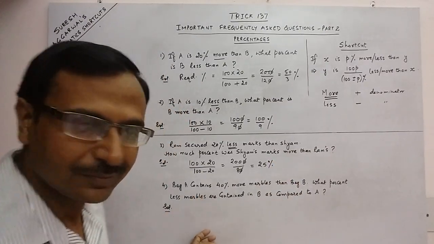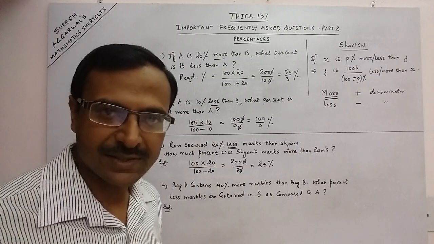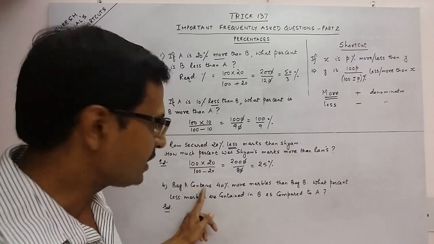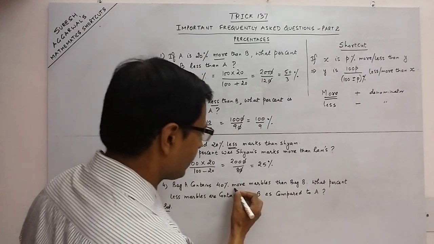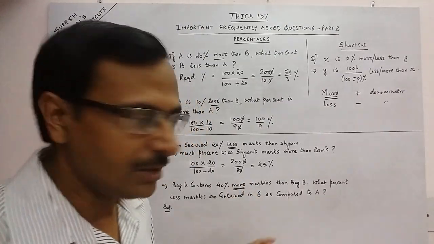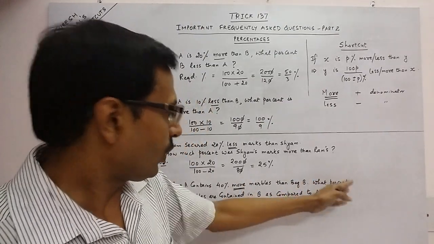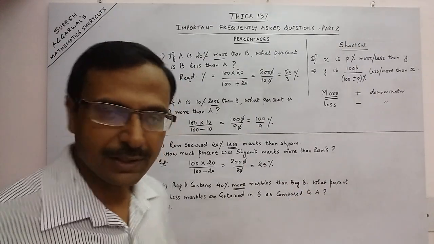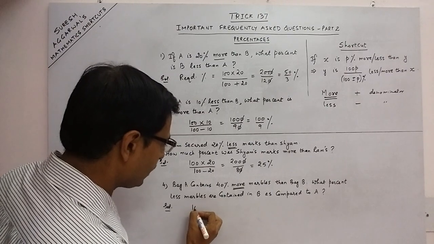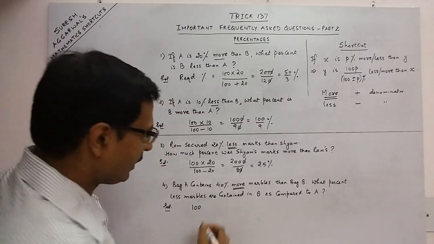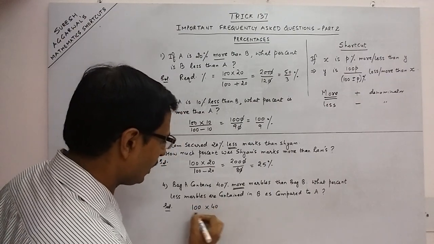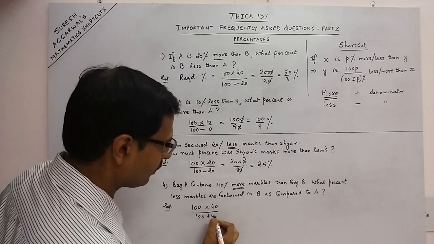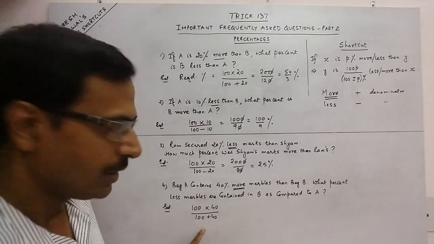Another question, say there are two bags containing marbles and we have compared them. Bag A contains 40% more marbles than bag B. What percentage less marbles are contained in B as compared to A? Again the same question. So 100 multiplied by 40 upon, now we have the word more here, so we need to write a positive sign in the denominator.